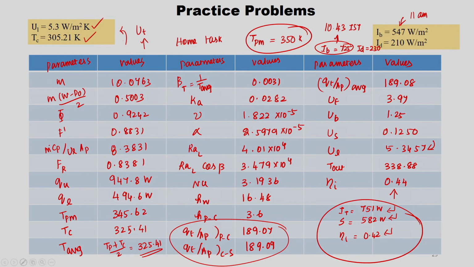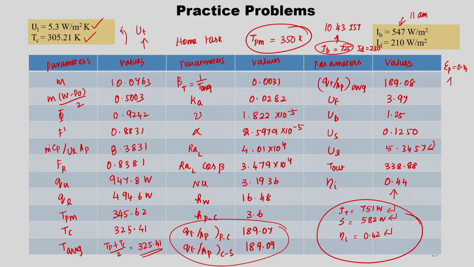And one more thing to mention, we have taken epsilon P as 0.14, that is nothing but the emissivity of the plate. This value is higher than what a good absorptive surface would have, because the plate should absorb the solar radiation.